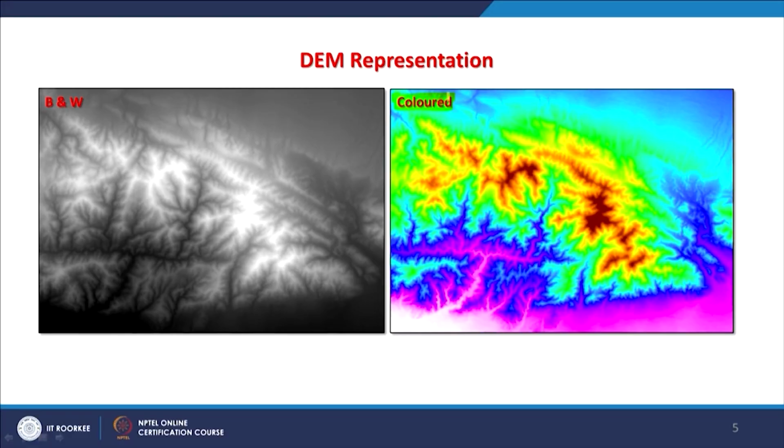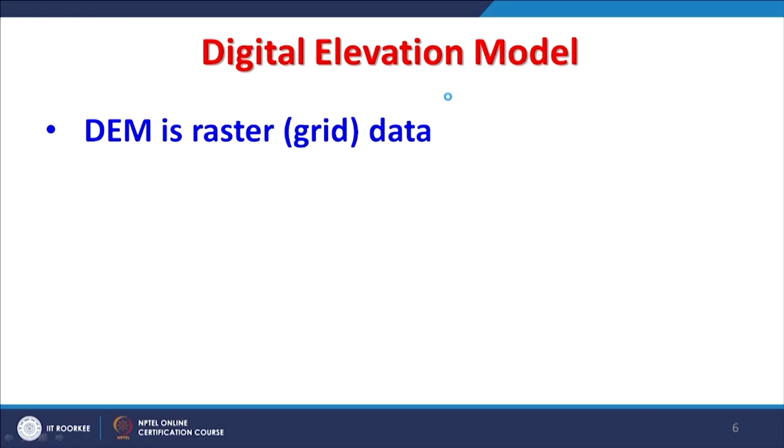So instead of assigning values between black and white with the rest in gray, I can assign values in terms of colors, and if I do it, this is how I get the results. So sometimes we represent these surfaces in simple gray scales, or maybe use colors also.